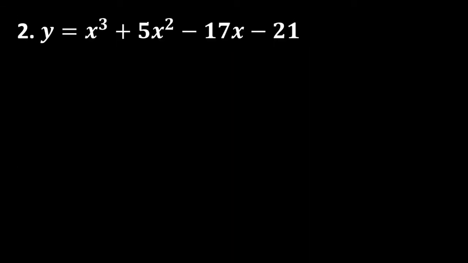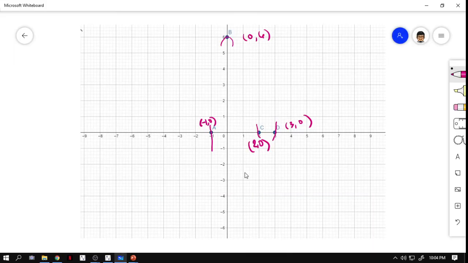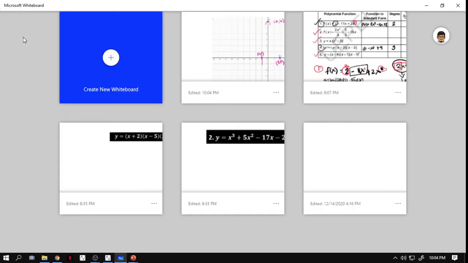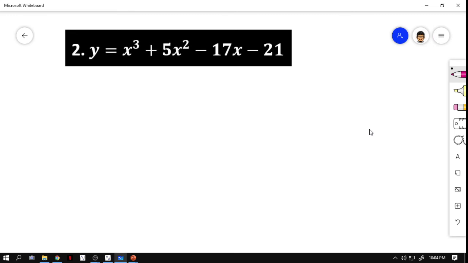Okay? Now, let's have another example. Say we have the function y is equal to x cubed plus 5x squared minus 17x minus 21. So, ito yon. Okay?